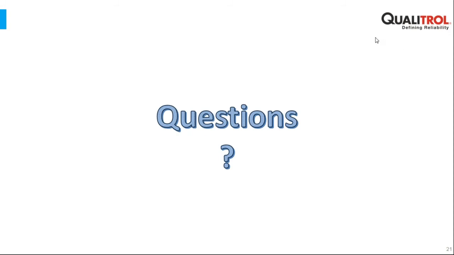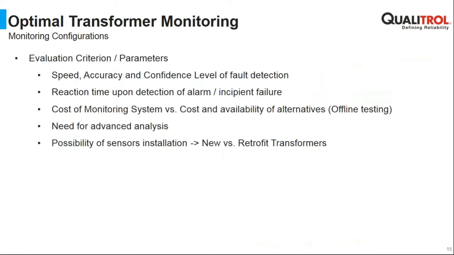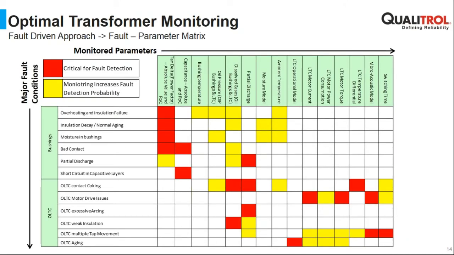Some utilities do that. The thing is mainly that if you have a high gas content or high moisture, then of course you can clean the oil. But if you have a real failure inside of the transformer, which is causing this high gas content, then of course you're not taking away the failure.